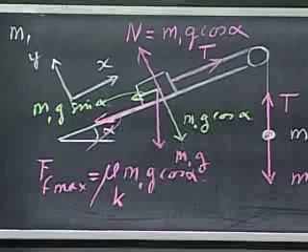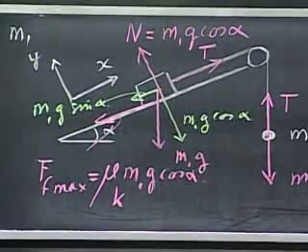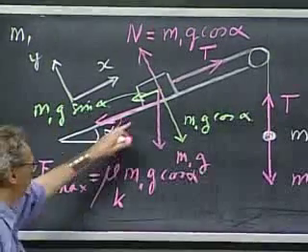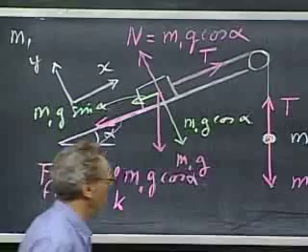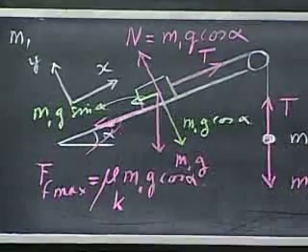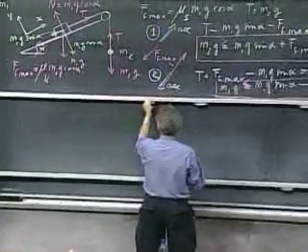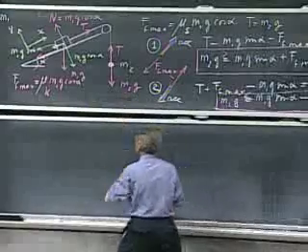So that is already one change. It is moving, for sure, it's going to be accelerated, so the frictional force is in this direction and has this value. Let's write down Newton's second law in the x direction.